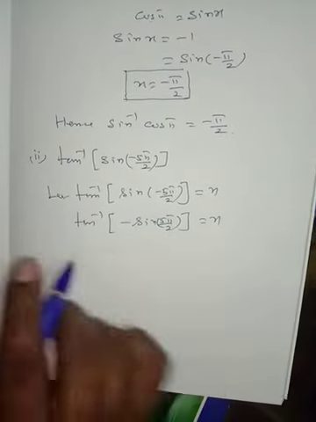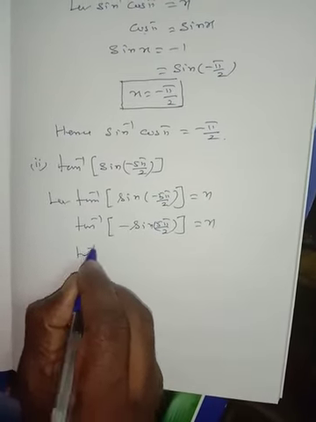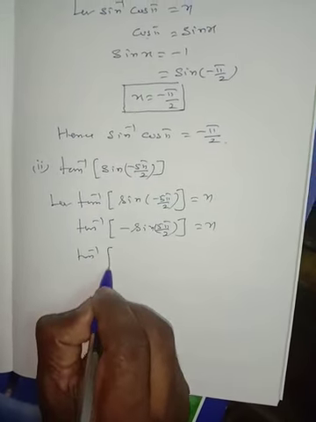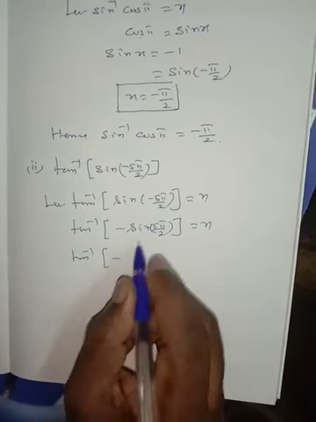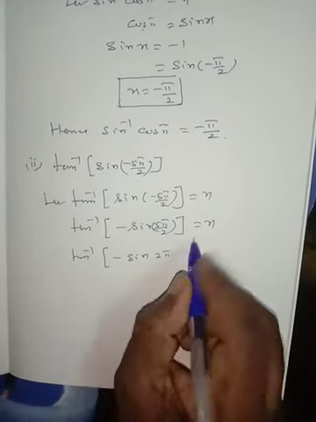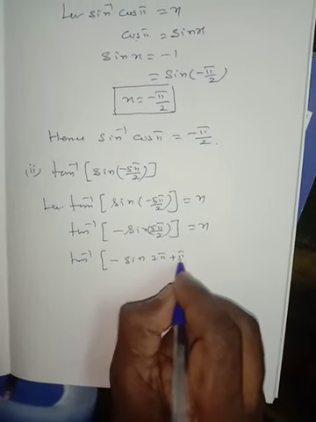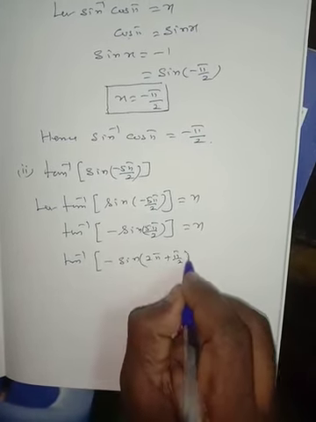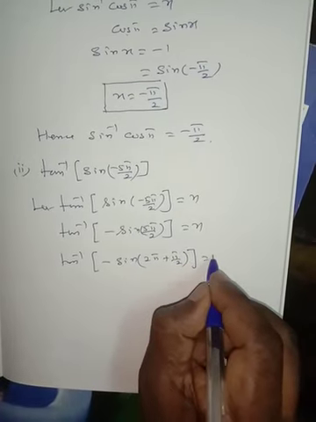This can be written as tan inverse of minus sine of 2 pi plus pi by 2. 2 pi means 360 degrees, one complete round. Omit the complete round.